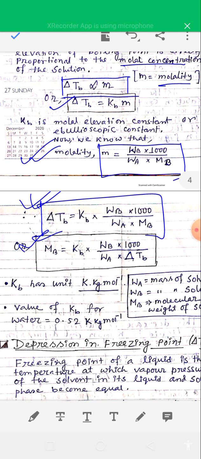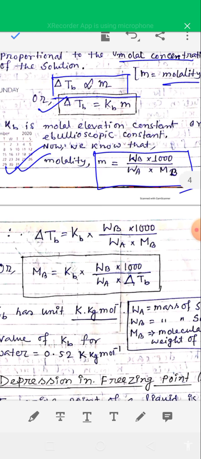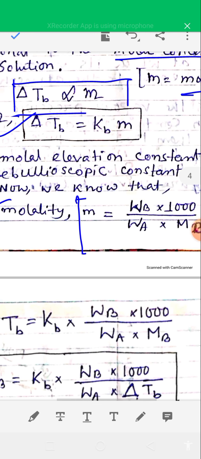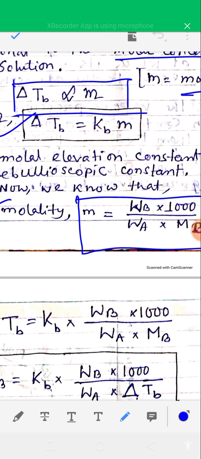And how do we define the molar elevation constant or ebullioscopic constant? If the molality of the solution is 1, if you make a 1 molal solution, then the elevation of boiling point will be equal to Kb.